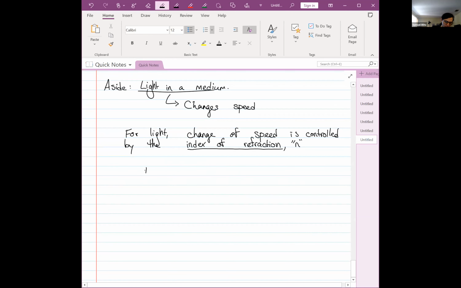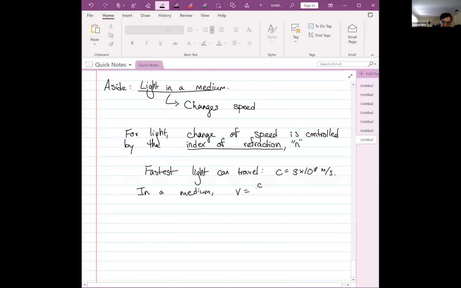So like I already said, the fastest that light can travel is in a vacuum, it's c. It's 3 times 10 to the 8th meters per second. In a medium, the speed of light v is c divided by the index of refraction in that medium.